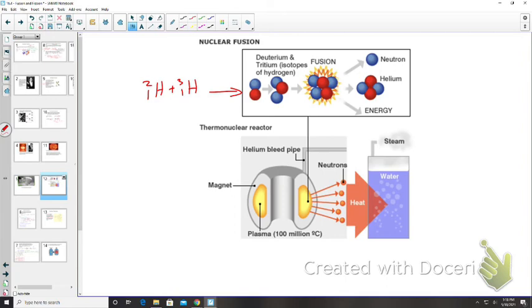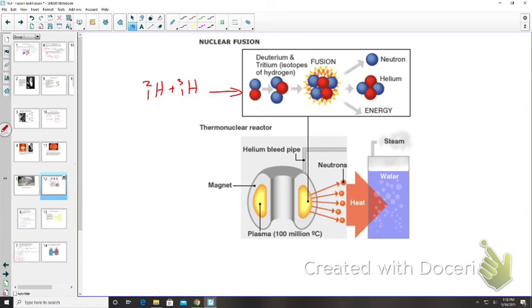Okay, in a nuclear fusion, or a thermonuclear reactor, yeah, so we have a really hot plasma. We have a strong magnetic field. Remember, we need high temperature and strong magnetic field to, I guess, encourage the nuclei to come together and fuse into a new nucleus.